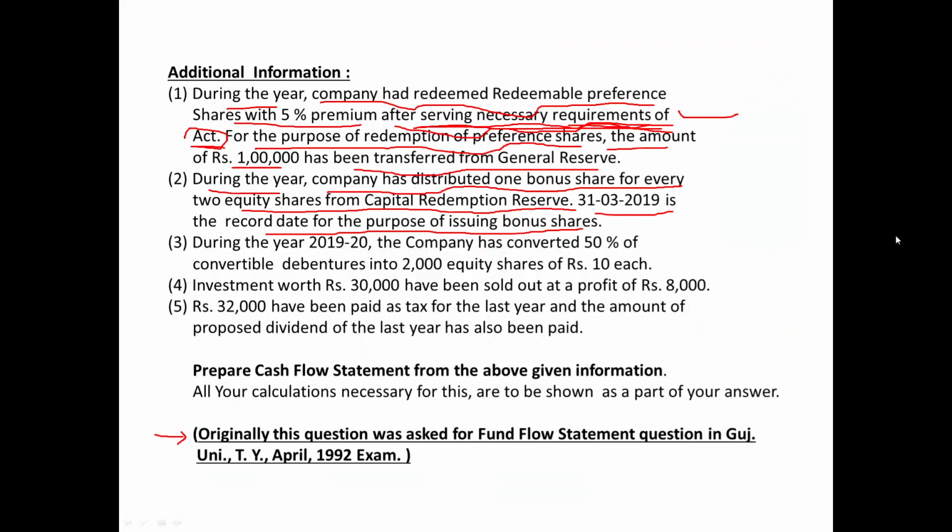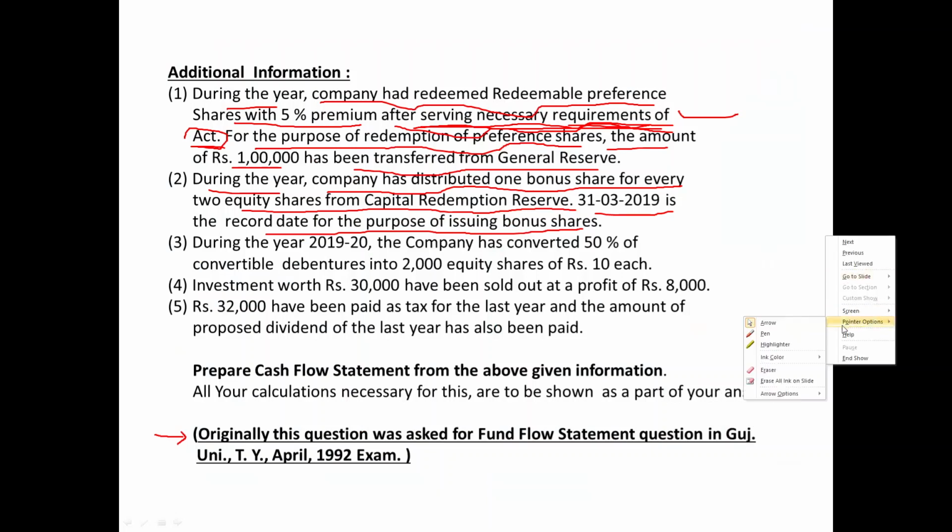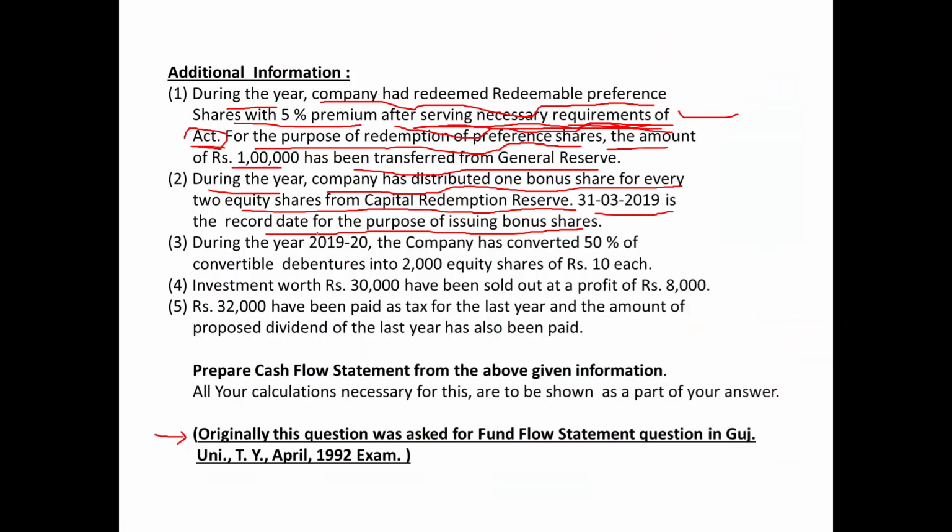Point number 3. I am reading it. Have a look. During the year 2019-20, the company has converted 50% of convertible debentures into 2000 equity shares of rupees 10 each.